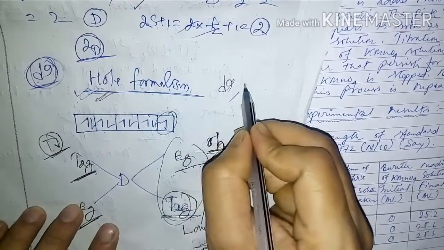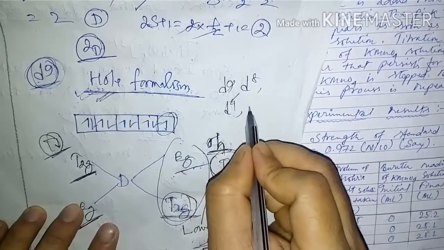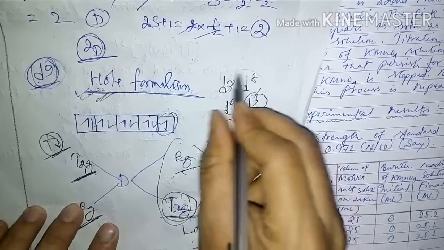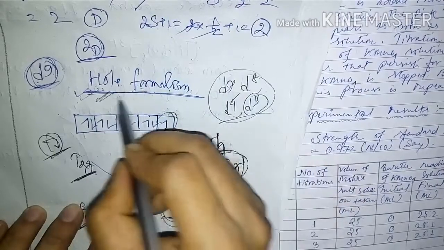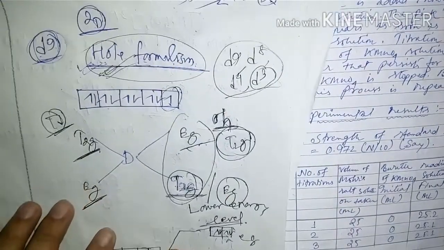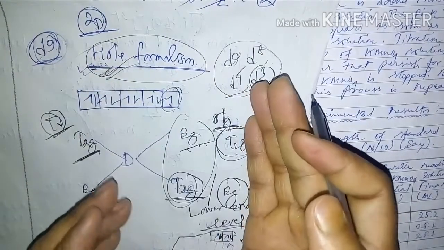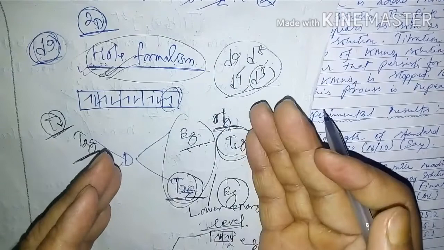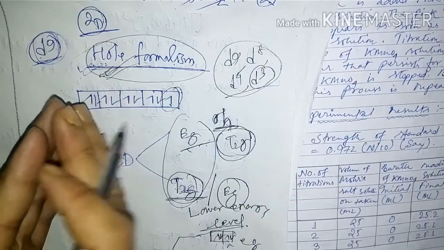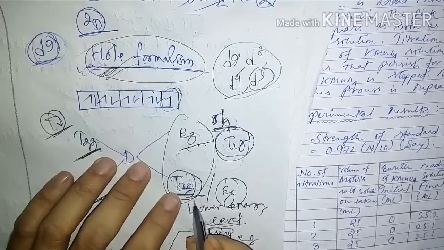So d9, d8, and on this side d4 and d3 can participate in this hole formalism. Understood? So if hole formalism participates, this one is the reverse one. Okay, then the splitting is reverse. If this one is octahedral like this, then the splitting is reverse.